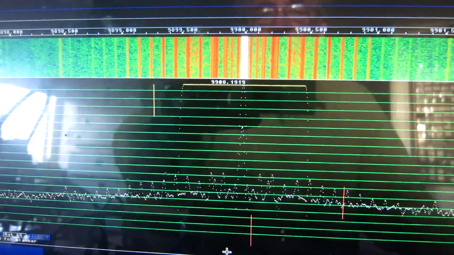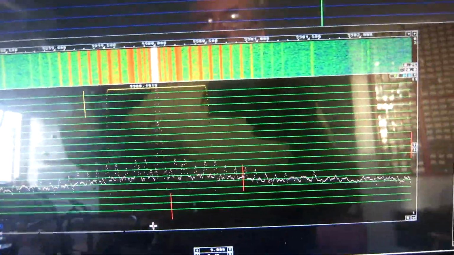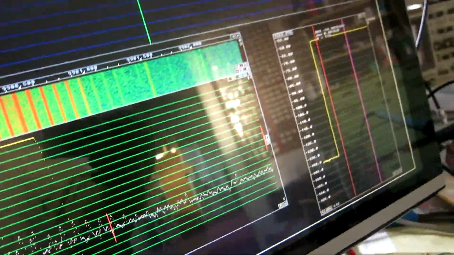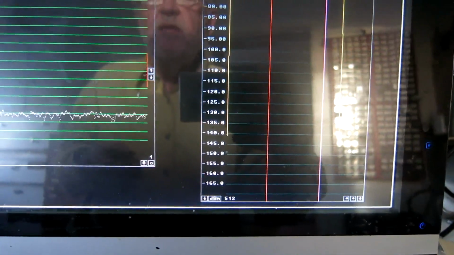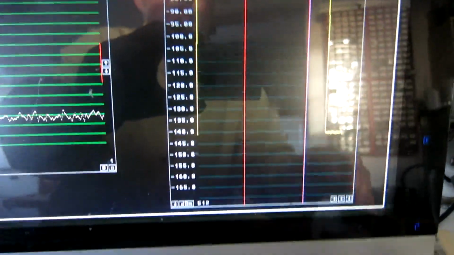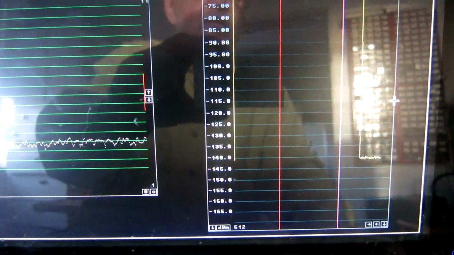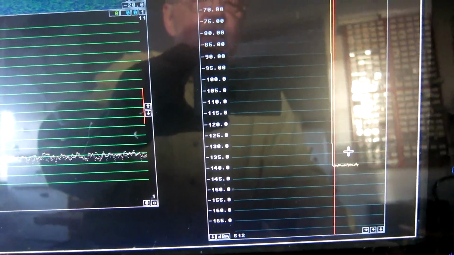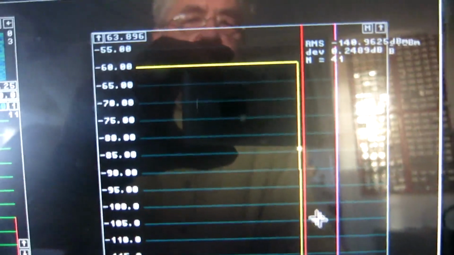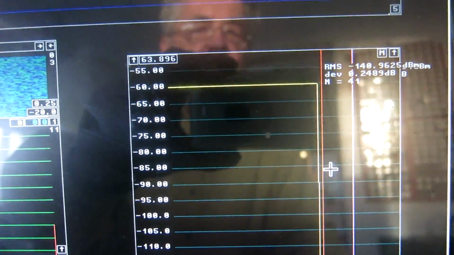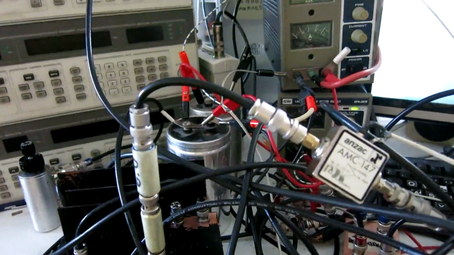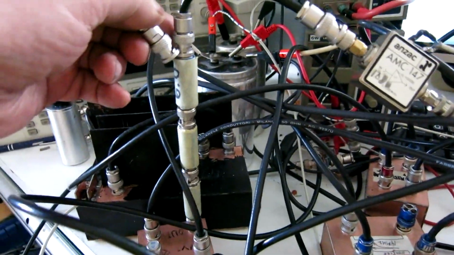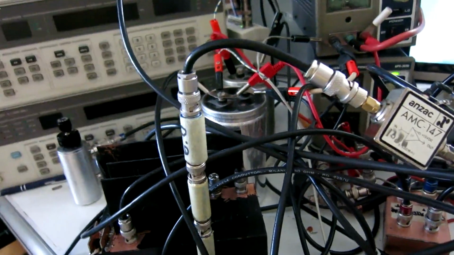The bandwidth is 1 kilohertz, and I switch off this pilot probe, and now I can read the noise floor in a bandwidth of 1 kilohertz. It comes out as minus 141. So I connect the spectrum analyzer to this point to see what is the level of the carrier.